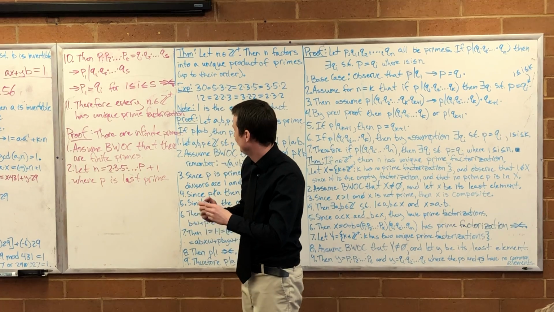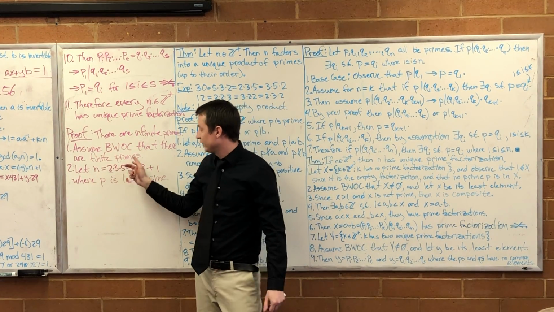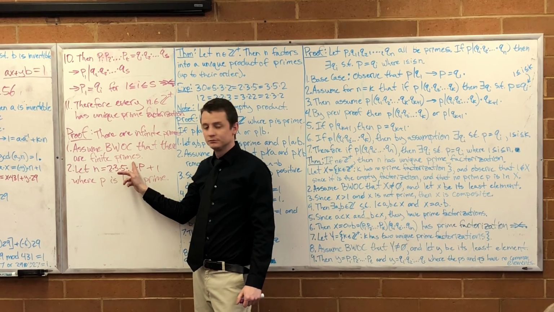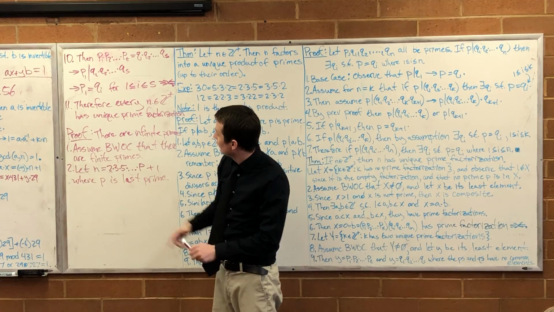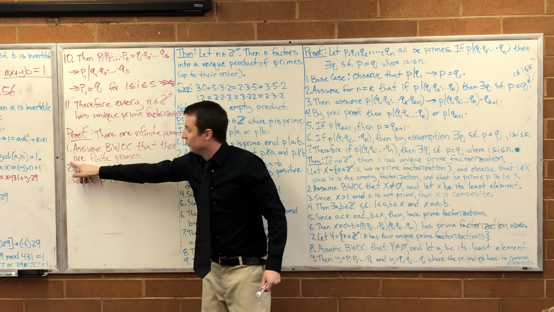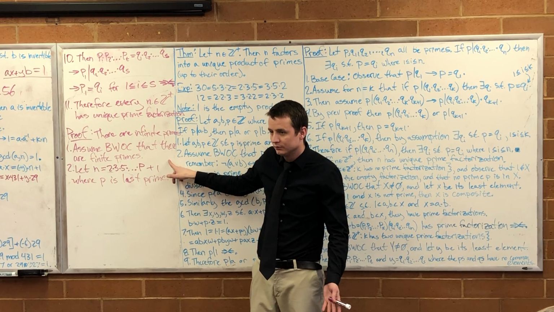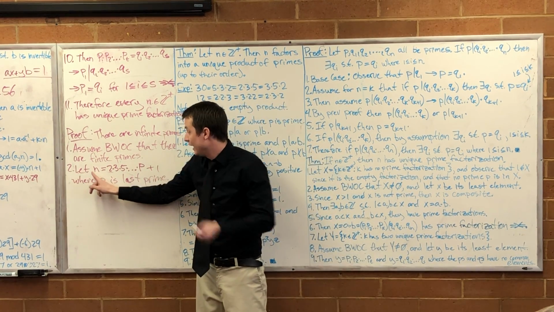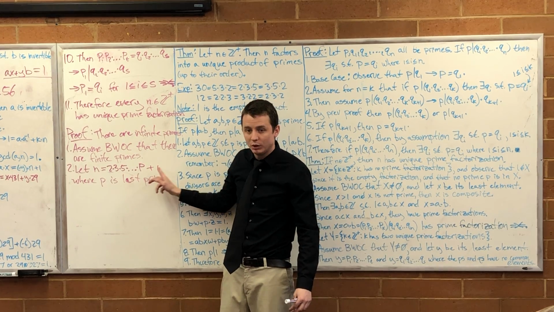Okay. Assume by way of contradiction that there are finitely many primes. Let p be the largest prime. Now let n equal 2 times 3 times 5 times 7 times dot dot dot times p plus 1.